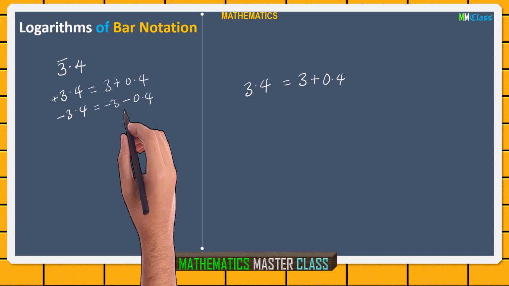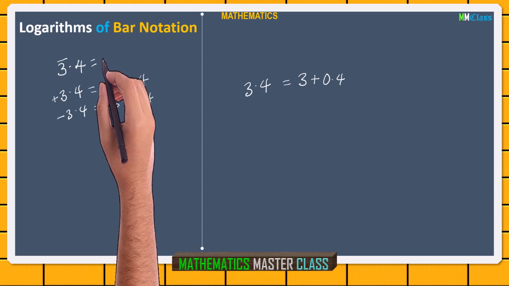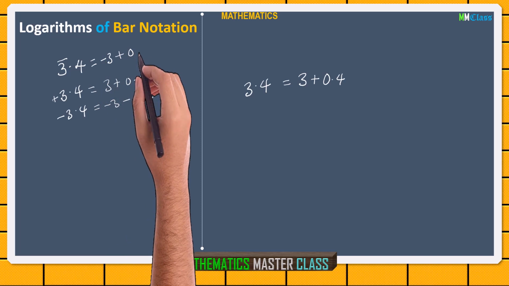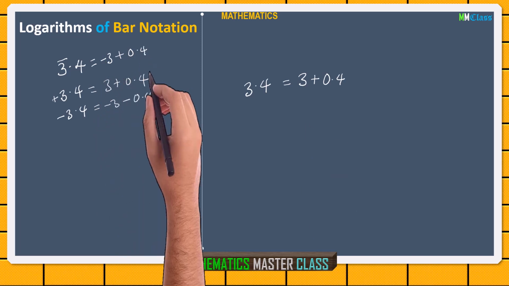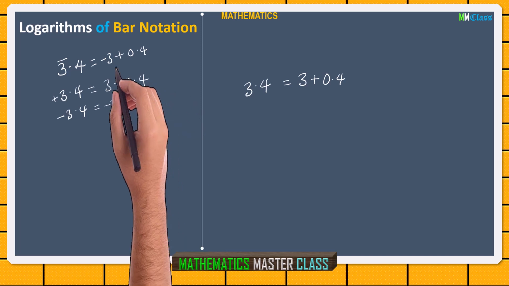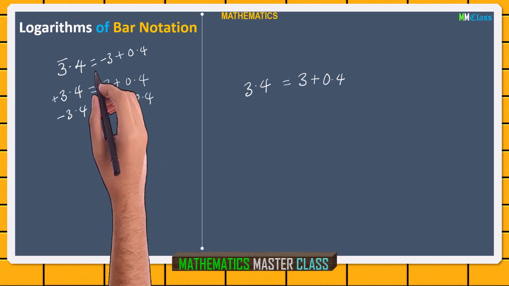However, if you have bar here, it means only the integer part is negative. So if you are separating them, you separate them as minus 3 plus 0.4. So you can see it means three different numbers. So bar means negative, but the negative belongs to the number that is carrying the bar. The other part of the number is not affected. So take note of that.